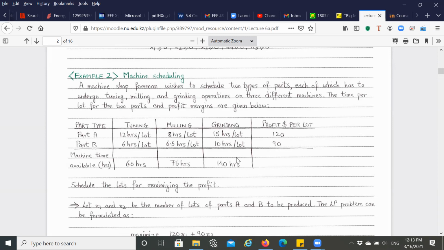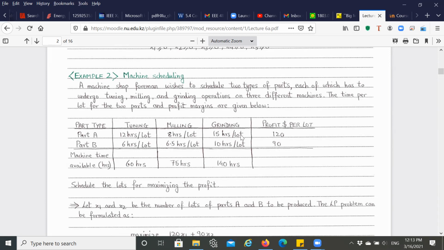The amount of time for each item is given over here. It takes a number of hours for each operation: one object of part A would take 60 hours, the other 75 hours, and the other operations 140 hours.